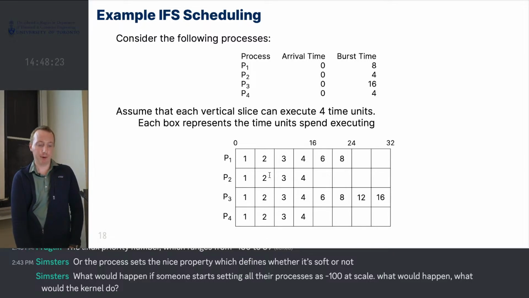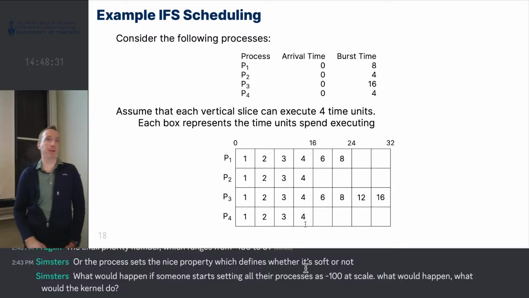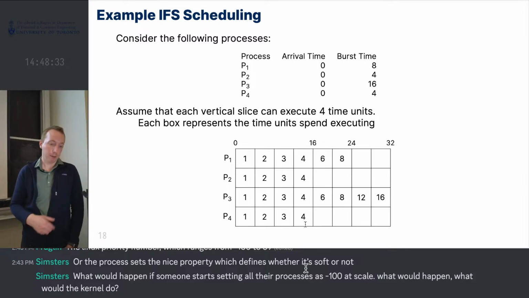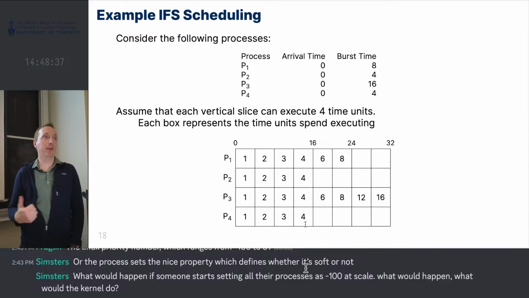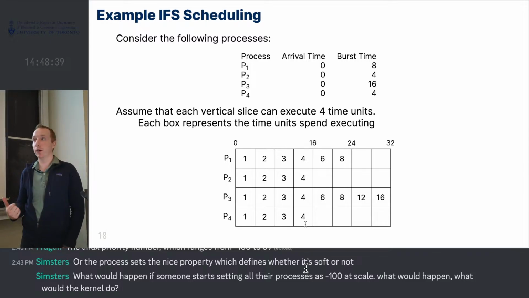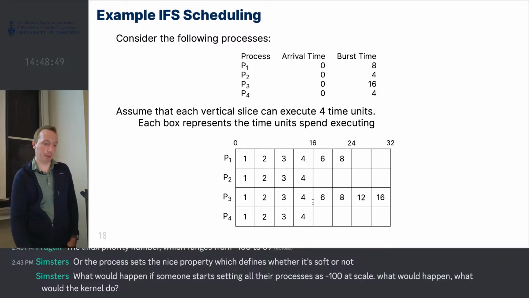Then I still have 4 processes running. I would do the same thing for essentially 16 time units, and then each process would have been running for 4 time units. Now process 2 and process 4 are done. So I have 2 processes left and 4 time units of time. If I'm completely fair, I would give each 2 time units.